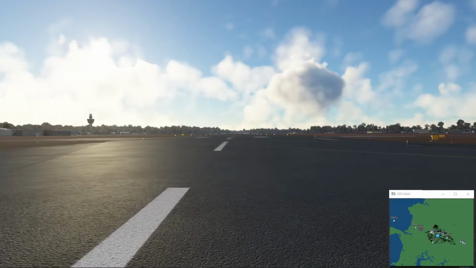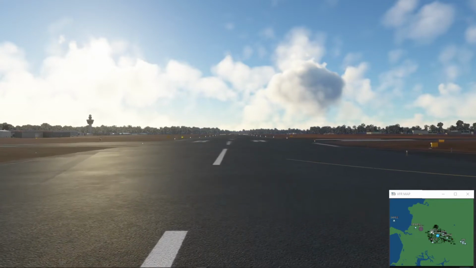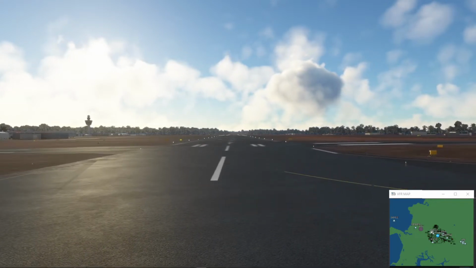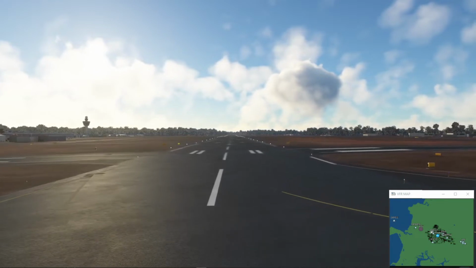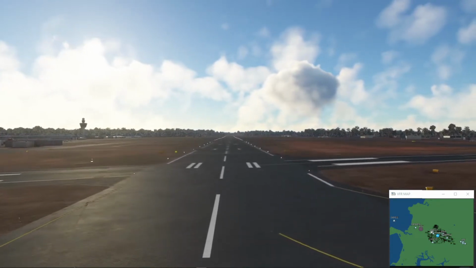Today we will take off from Darwin and head southeast, and we will follow the number 1 highway.